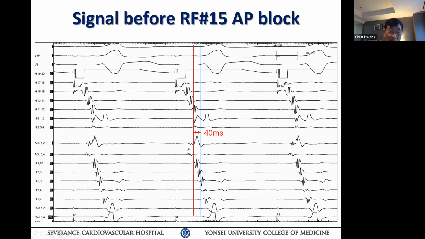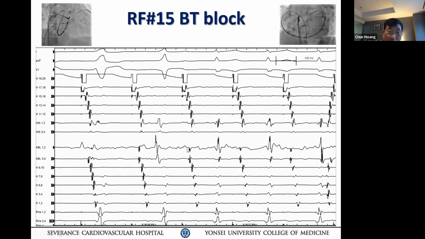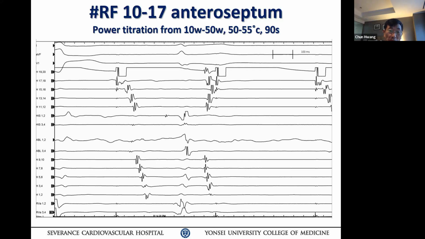Okay. Now, you did not tell me something important about the previous slide. Go back. No, the ablation where you had the block. Yeah, this one. What happened here? I see your His bundle, nice potential. Well, how do you interpret this second beat? You're pacing atrium, am I right?